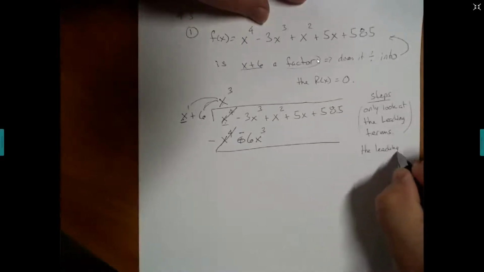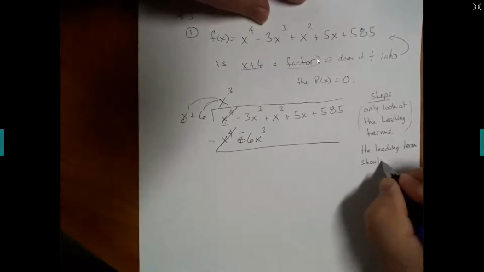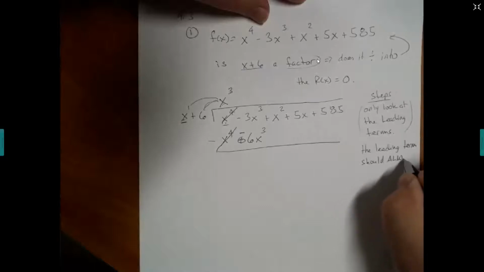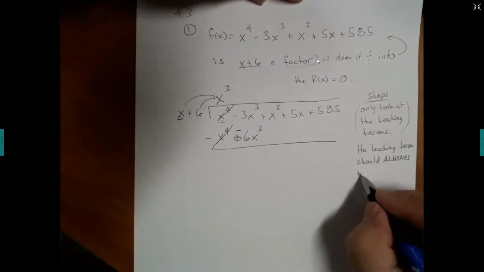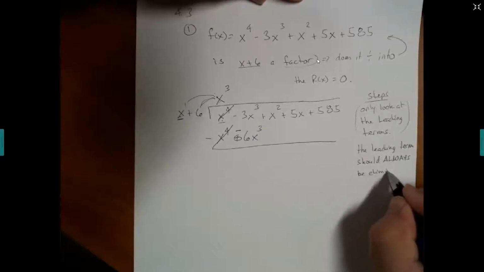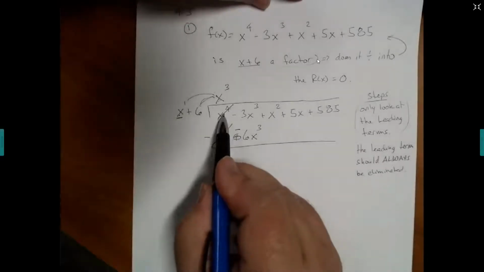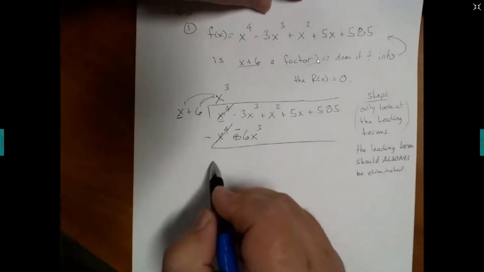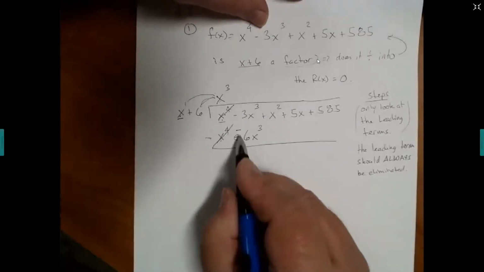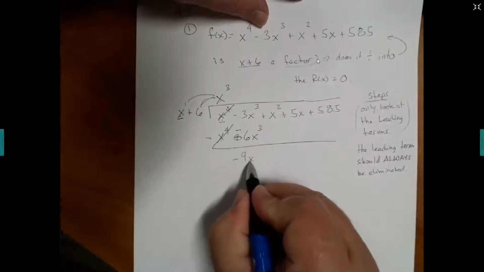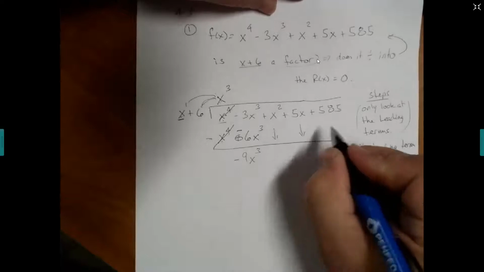The leading term should always be eliminated when you add them. So x to the 4th minus x to the 4th, that disappears. Negative 3x cubed minus 6x cubed is negative 9x cubed. Bring down everything else.